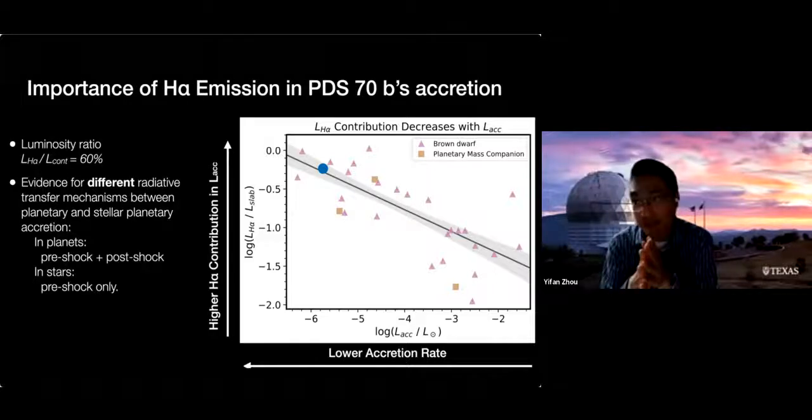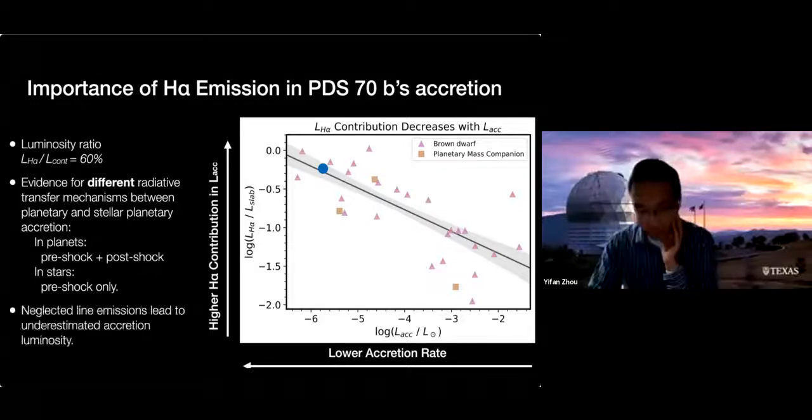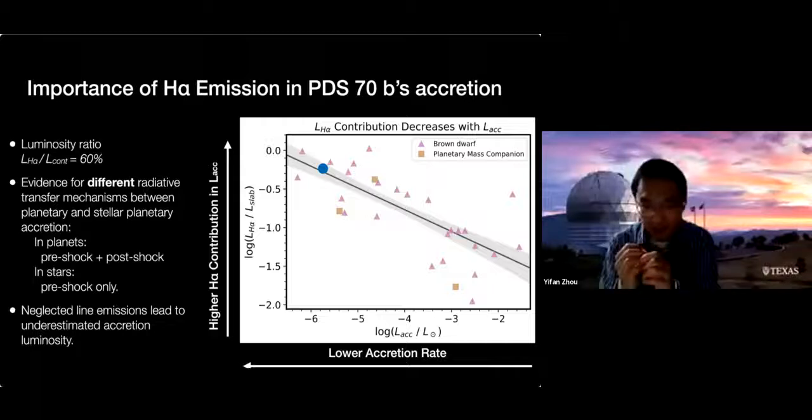For PDS 70, it's possible that because the H-alpha line can come from both the pre-shock and the post-shock region, the line emission is much more important than what we observed in stellar accretion. So the implication for measuring the accretion rate is that we can probably ignore the line emission in stellar observations, but not for the observation of PDS 70b.